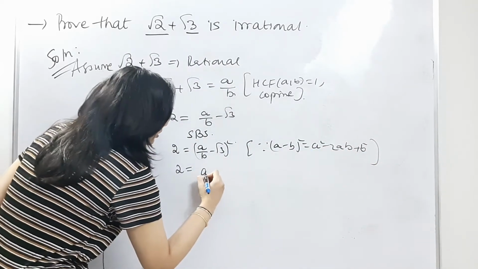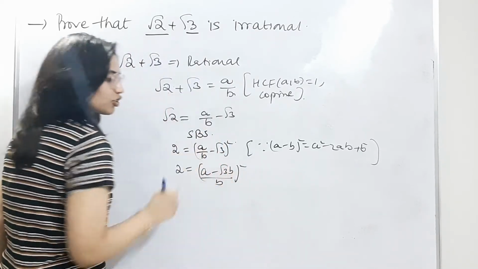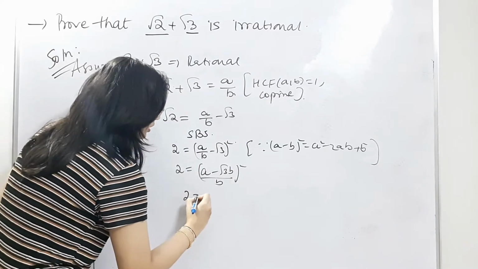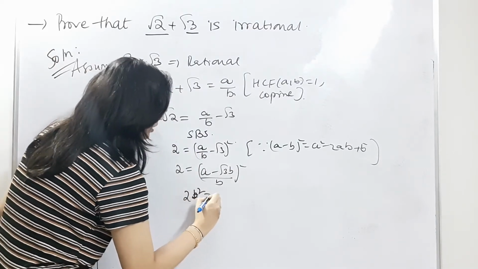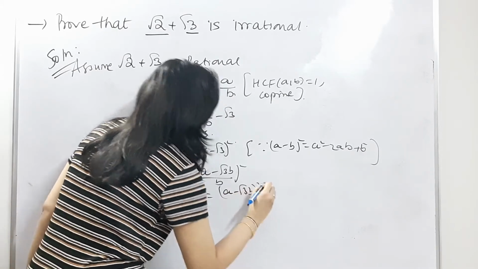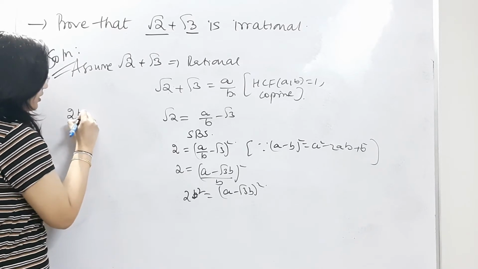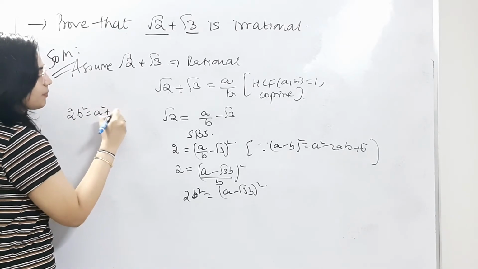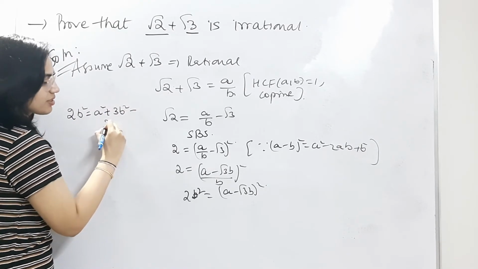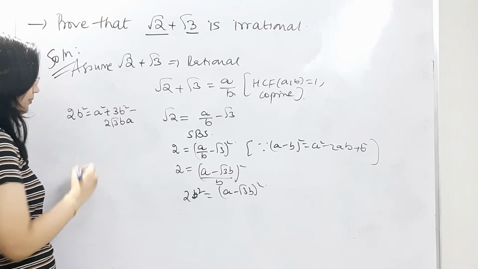Now let's take b in the top and take the LCM. Now here we get what? Let's get rid of b, 2b square, a minus root 3b whole square, right? Now let's do it here. So 2b square is equal to a square plus 3b square minus 2 root 3ab into a, right?